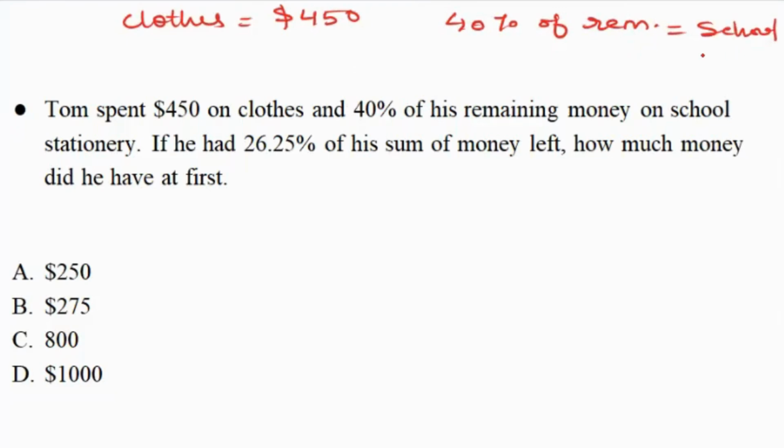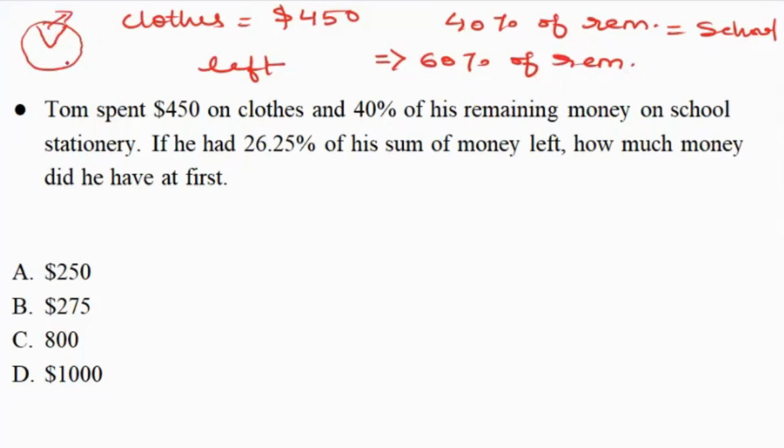So after spending 40% of the remaining money, what is left? He is left with 60% of the remaining money. Correct? Logically, we can place it over here. He is left with 60% of the remaining money. So if we take a total, from the total he has already spent $450 on the clothes.